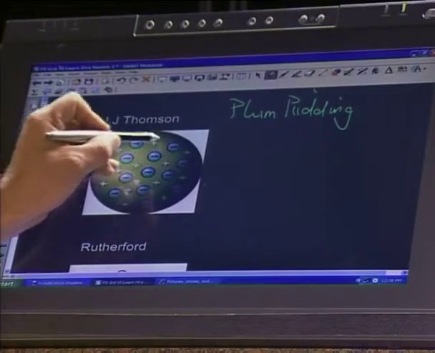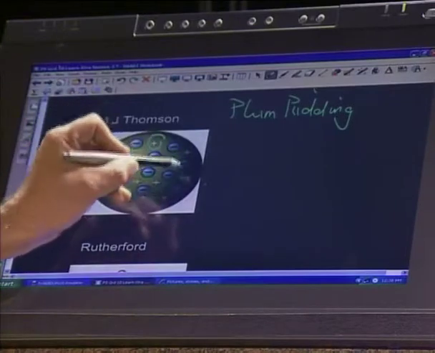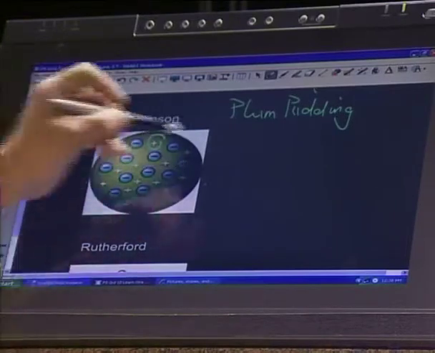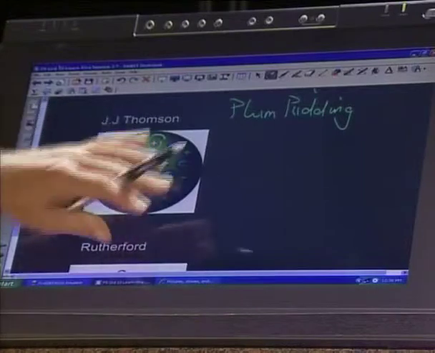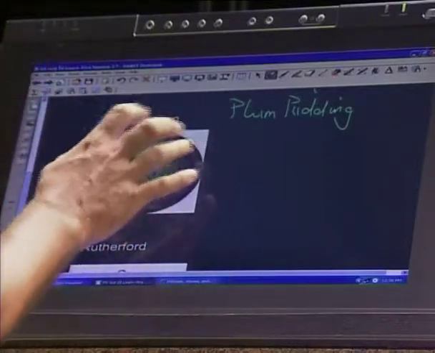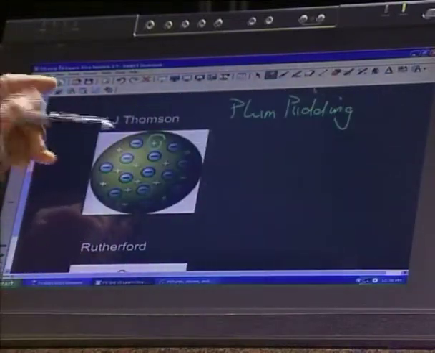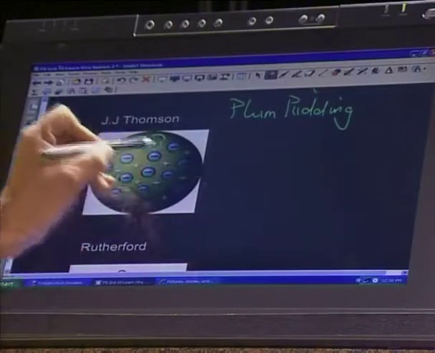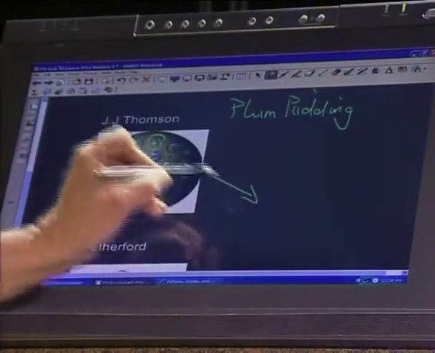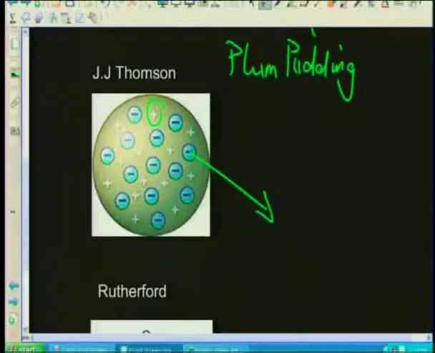Some of them were positive, and some of them were negative. And as you take your ruler, he said, imagine this. You've got a whole lot of these things next to each other, and as you take your ruler, you can either rub off a negative or rub off a positive. These are like raisins or plums in the pudding that can peel off from the cake.